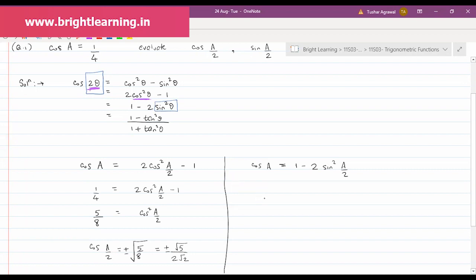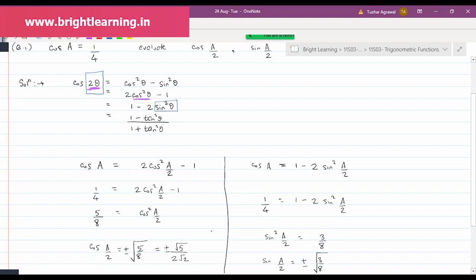So cos A is 1 upon 4, equal to 1 minus 2 times sine square A by 2. Do some arithmetic and you will get sine square A by 2 equal to 1 minus 1/4 is 3/4, 3/4 upon 2 is 3 by 8. So sine of A by 2 will be equal to under root of 3 upon 8 with positive or negative sign.